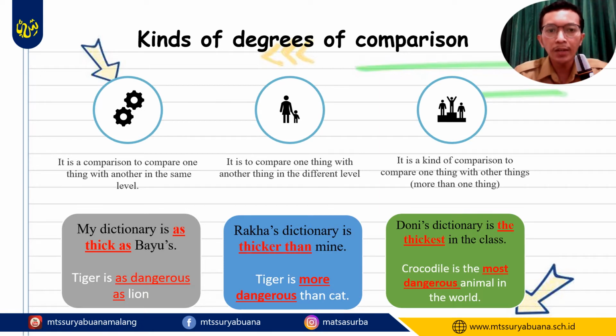So I hope you can compare these three types of degrees of comparison. The first one, sama bahayanya; the second type, lebih bahaya daripada; and the last type, paling bahaya.